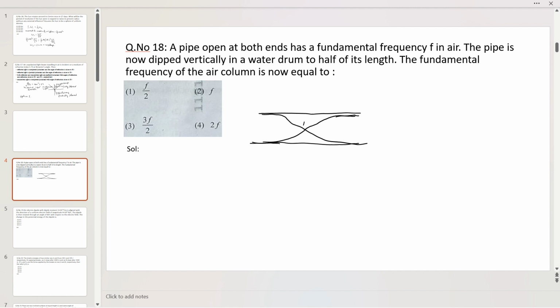This is the N node, and here x is equal to 0, and here x is equal to L, that is the length of the pipe, and the node will be at L by 2. So your L will be equal to lambda 1 by 2, and your frequency will be equal to f.